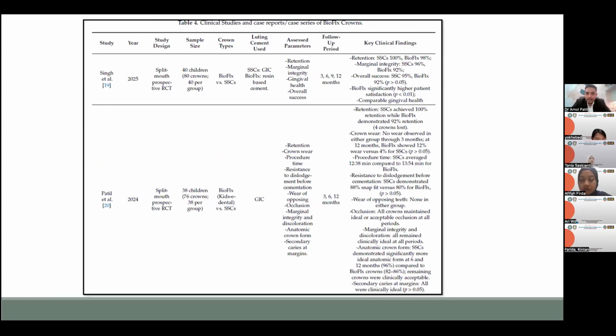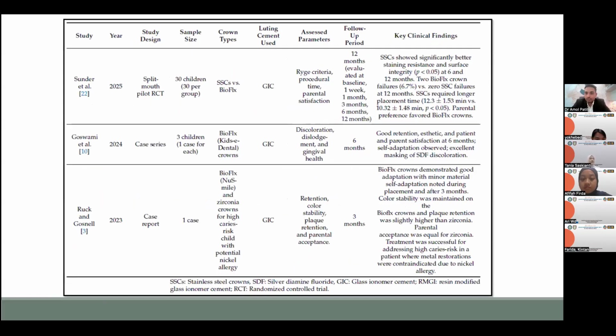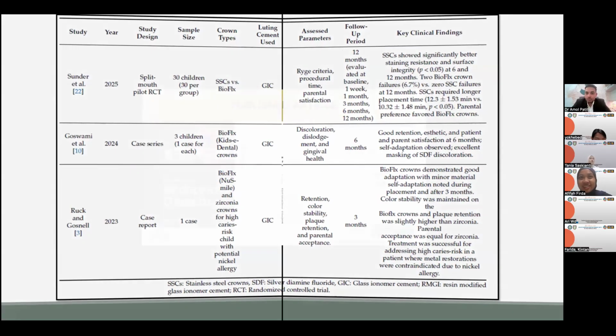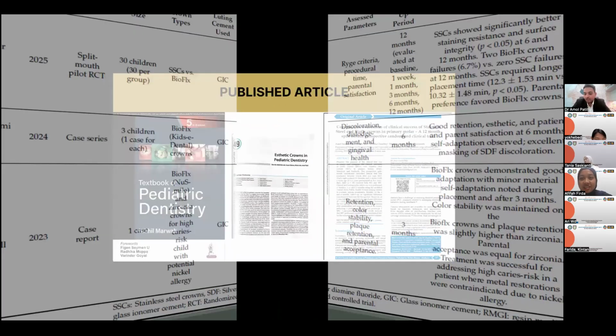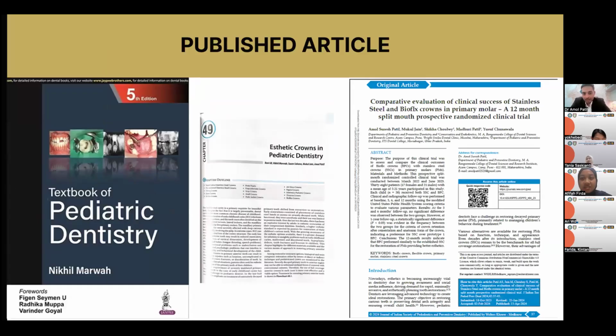In 2024, I also published one of the clinical trials comparing around 12 parameters, which again suggested a long-term clinical trial is required, because in our trial, we found certain cases where the crown was placed a little bit high in occlusion. Also, plaque accumulation was a major concern with the Biflex crown, even though the company is coming up with a newer generation of crowns which are highly polished.